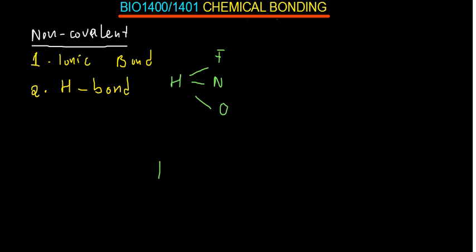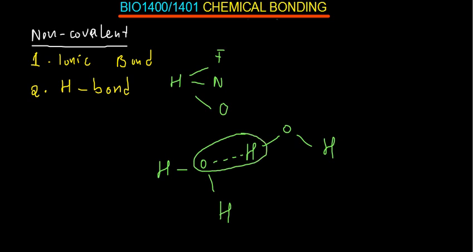For example, you have got water like this. Okay, this is water. And then you have got another water molecule like that. So when this oxygen in one water molecule gets attracted to hydrogen in a different water molecule, they are not connecting, it's just an attraction. Then this attraction is what we call a hydrogen bond. Now, a hydrogen bond is a weaker bond because it's basically just an attraction.